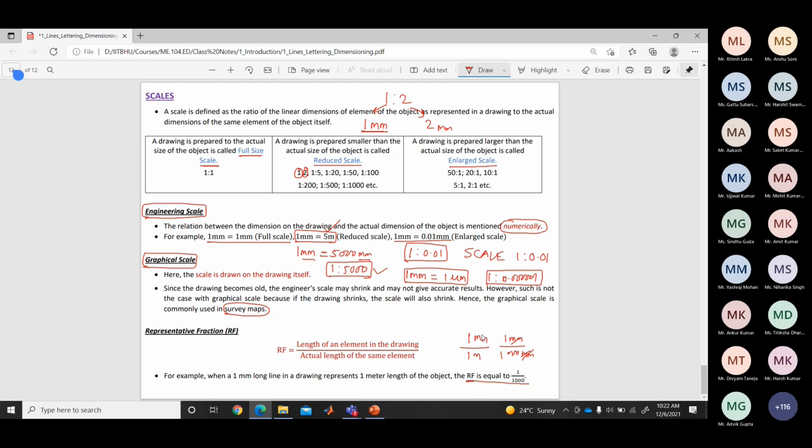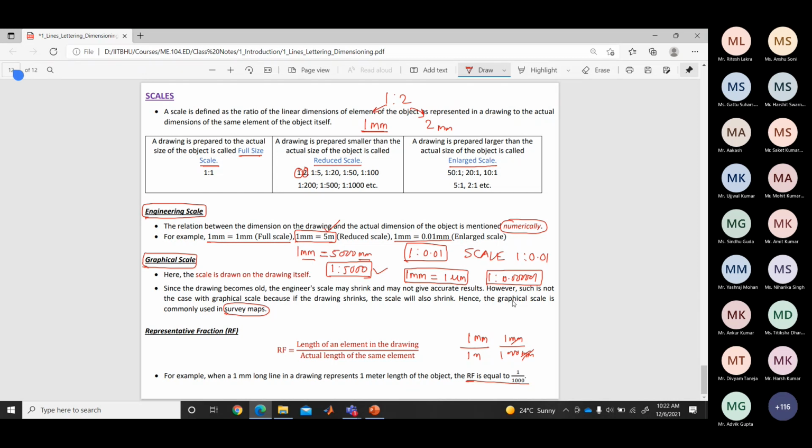So in our case it is hardly required to use it. Our scaling is preferably in mm itself, 1:5 mm, 1:2 mm. Maybe in some cases 1:0.2 mm, 1:0.5 mm, or 0.1 mm.